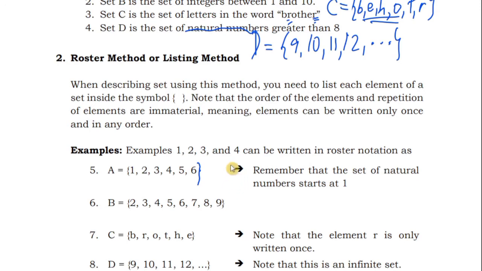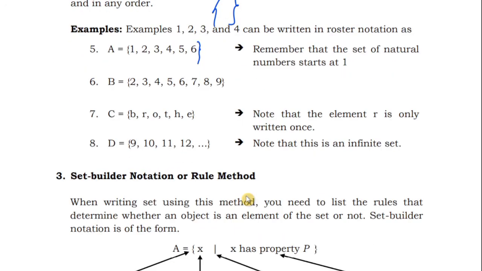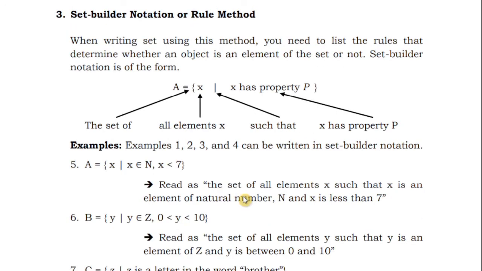So with the use of braces, and inside of it are the elements, that is what is called the roster method. As we went through previously, I already explained that. So the set builder notation or rule method is another way of writing a certain set.